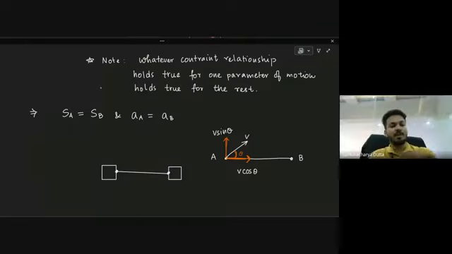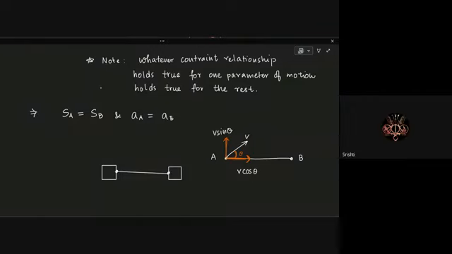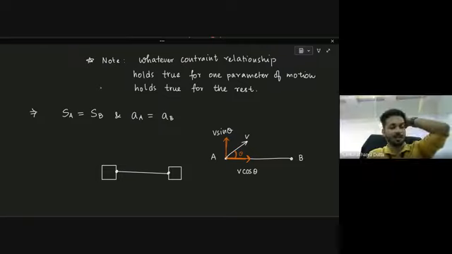Could you explain the last 2 minutes? Sorry, sir. Okay, I'll repeat one more time. If you have two blocks, the constraint is actually not on the blocks but on the ends of the string. Here I'm talking about the ends of the string, A or B. Imagine a scenario when the velocity is not given perfectly horizontally.